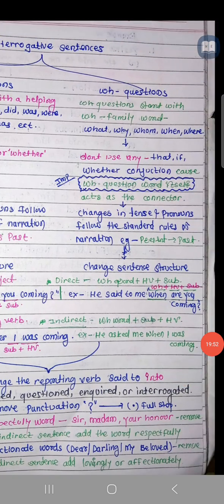Next, see the WH family questions. WH questions start with the WH family: what, why, whom, when, where. So let's see, WH type questions start from the WH word, but don't use any conjunction like "that," "if," "whether," because the WH word itself acts as a connector, that means a conjunction.